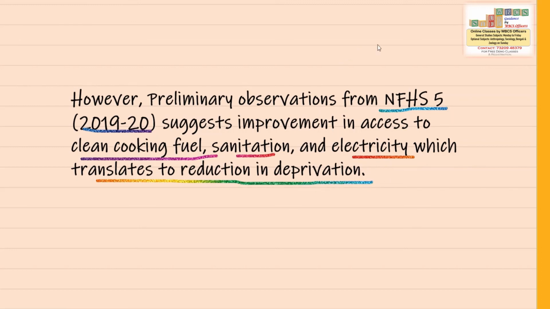The earlier version was NFHS 4, and this transition from 4 to 5 has already indicated that there is improvement in access to clean cooking fuel, sanitation and electricity, which already implies that there is reduction in deprivation.